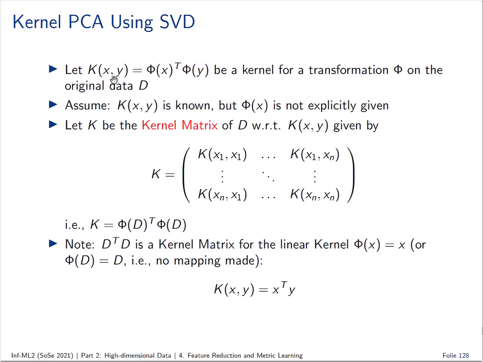First of all, once again, the kernel is typically defined as the dot product of the corresponding mappings of two observations X and Y, and this original transformation phi works on the original data, of course. So assume that the kernel is known, but the phi is not explicitly given.